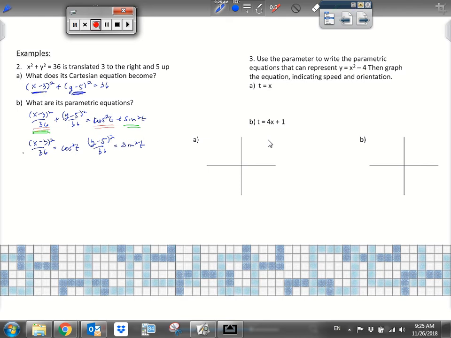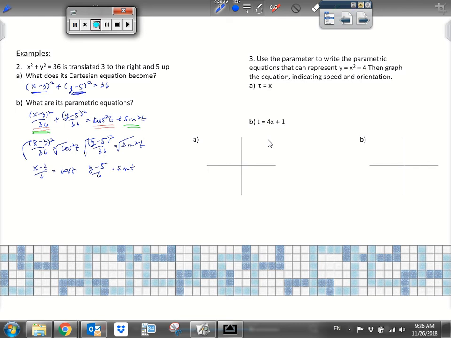So now we're going to square root both sides, and we only care about the positive root. So I have x minus 3 over 6 equals cosine t, and y minus 5 over 6 equals sine t. And now we solve for x and y. See how we are moving backwards from what we did previously?